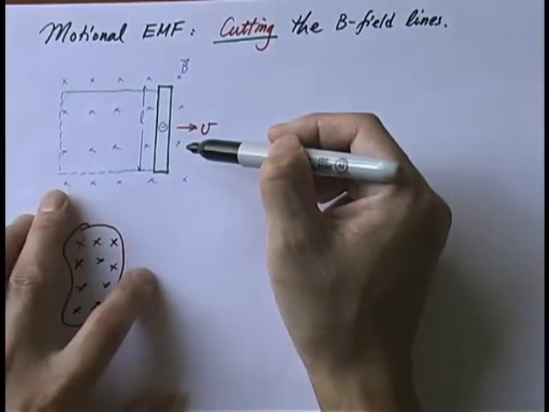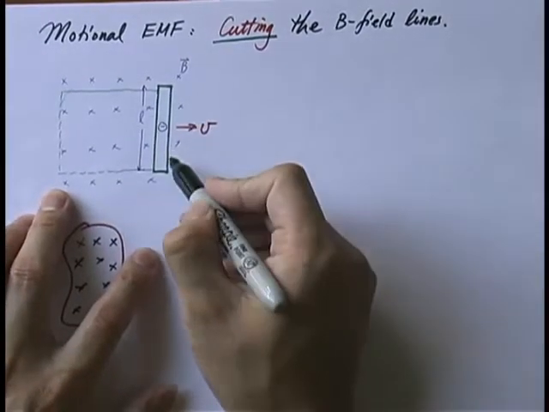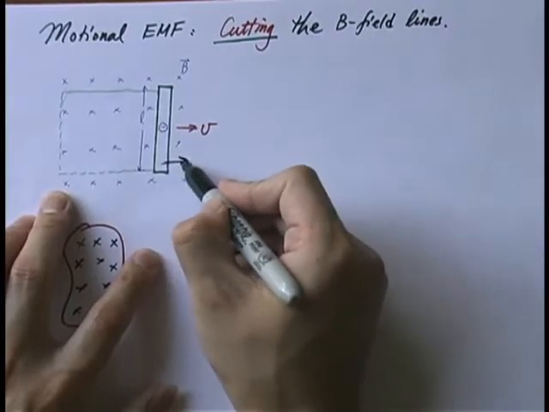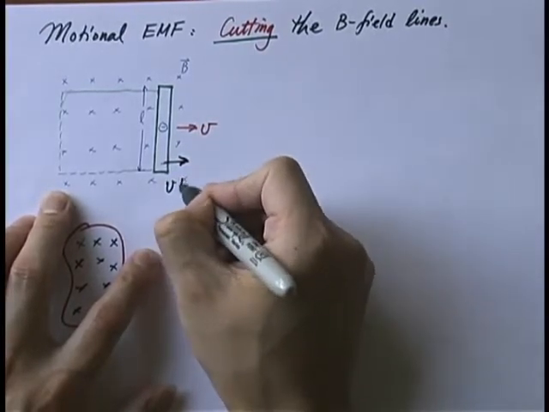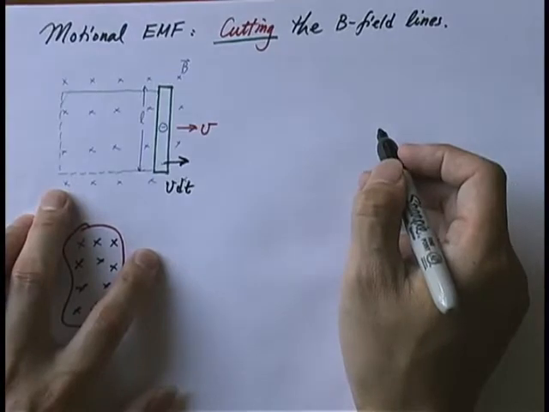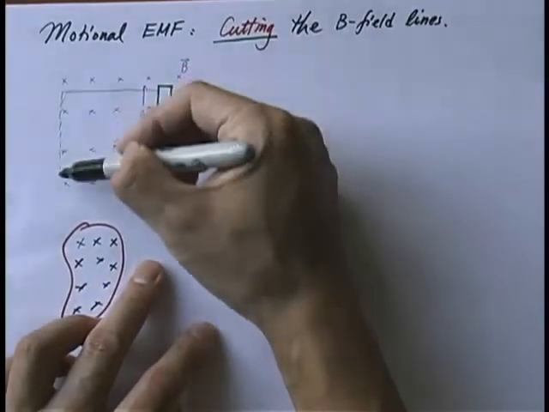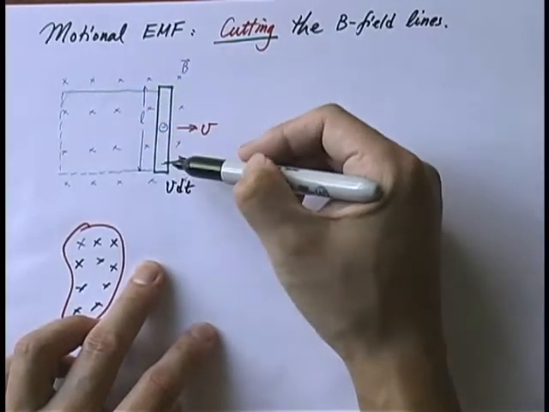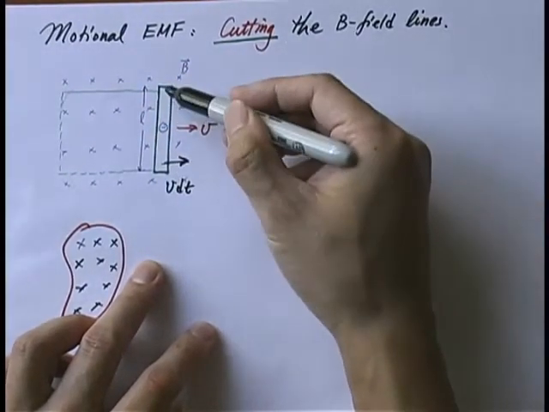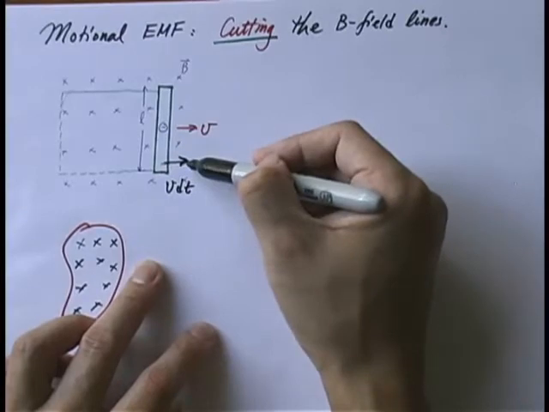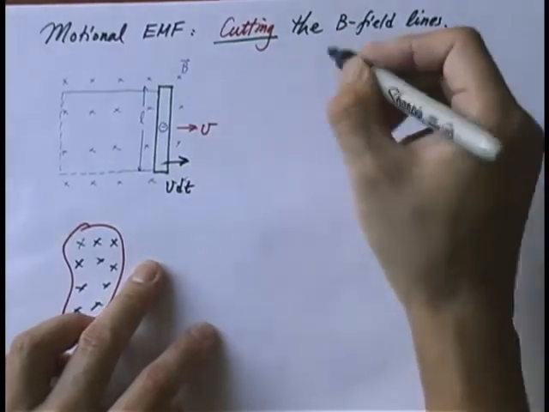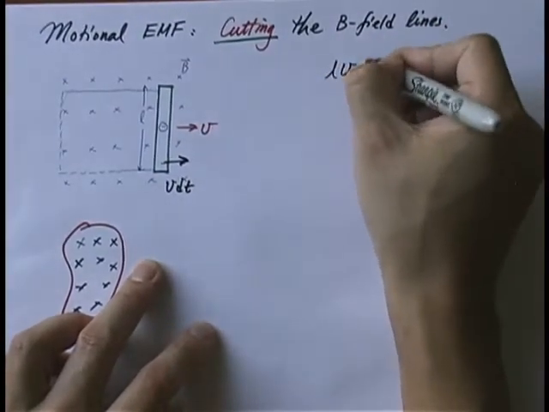Now, given the time dt, the bar has moved from here to there, and the distance it moved is, of course, v dt. That means the area has increased by how much? By the length of the bar times the displacement, so it's L v dt.